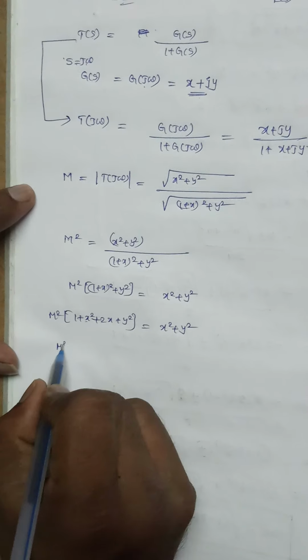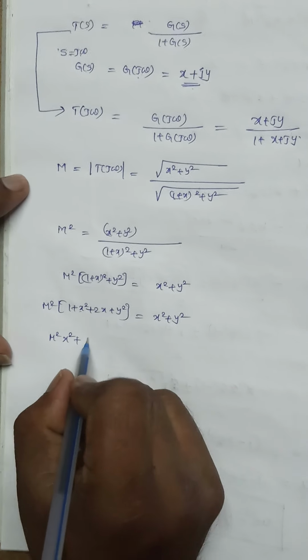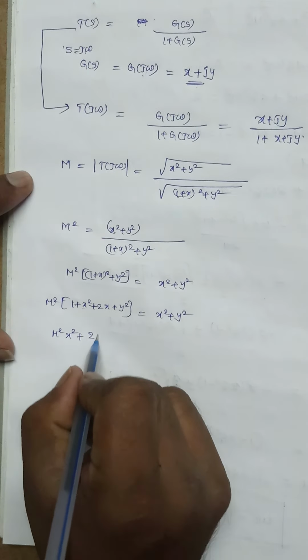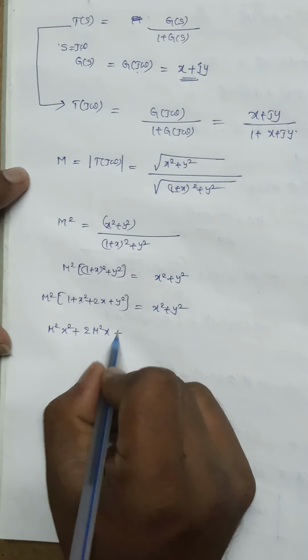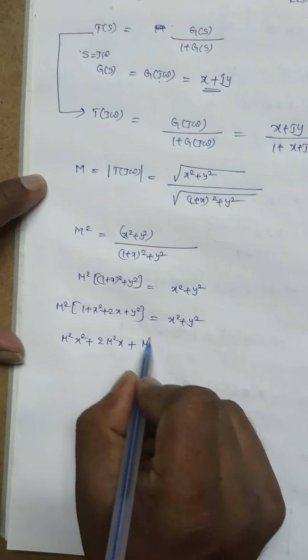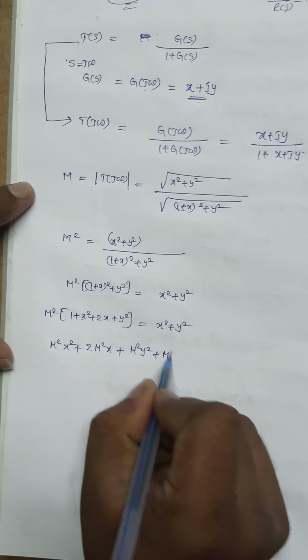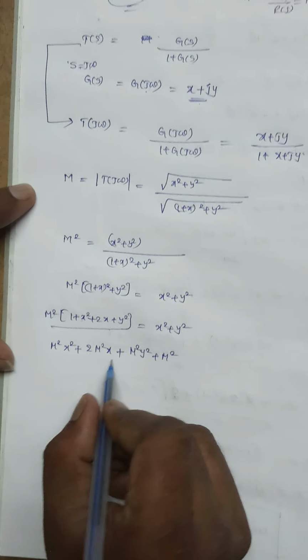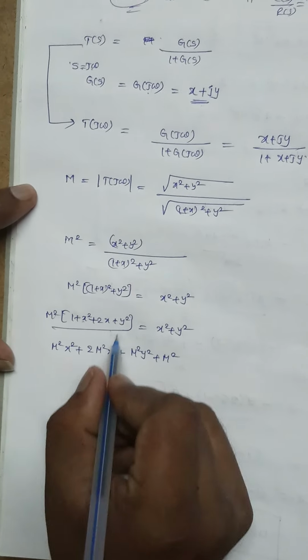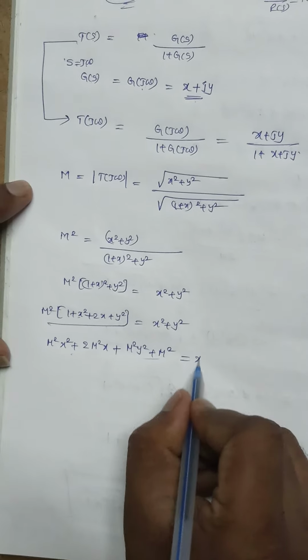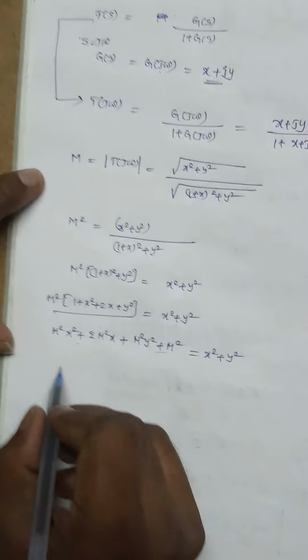Here M square into x square plus 2M square into x plus M square into y square plus M square, if I expand this, is equal to x square plus y square.